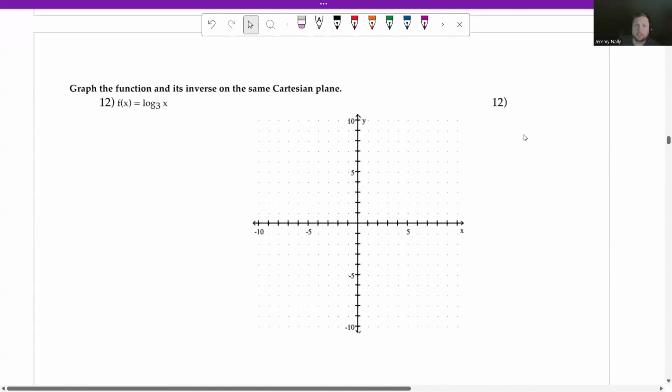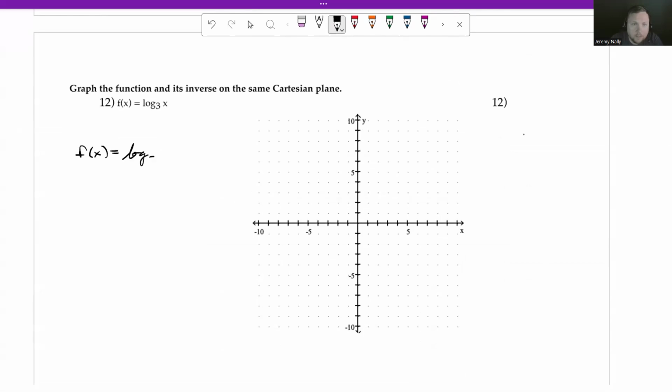Okay, graph the function and its inverse on the same Cartesian plane. So we have f of x is log base 3 of x. So if we just have y is log base 3 of x, and then we swap x and y.